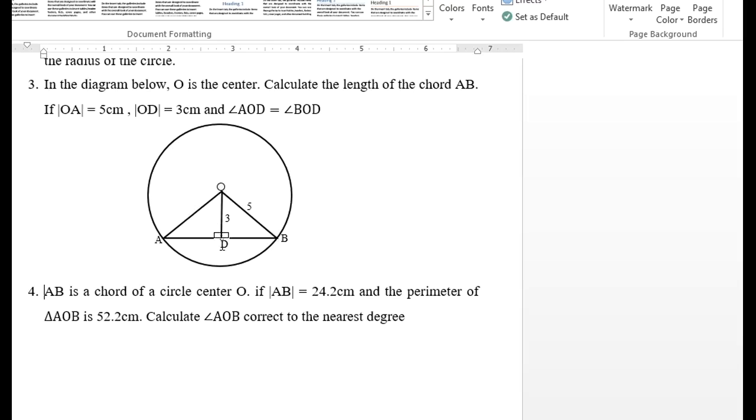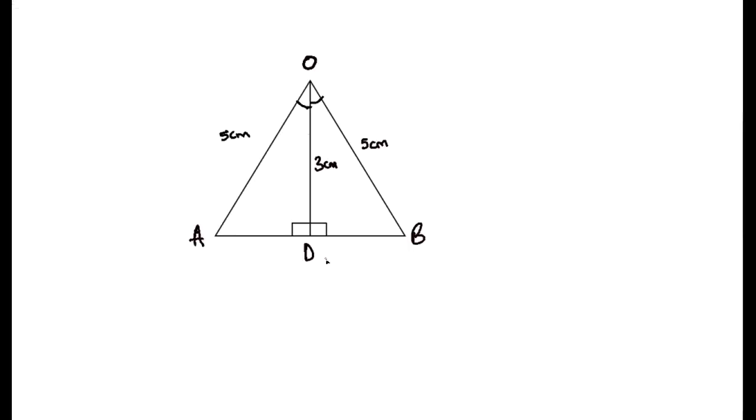Bisect means that it divides the chord into equal parts. So whatever distance AD is, DB is that same distance. So if I can get DB, then I've gotten AD.